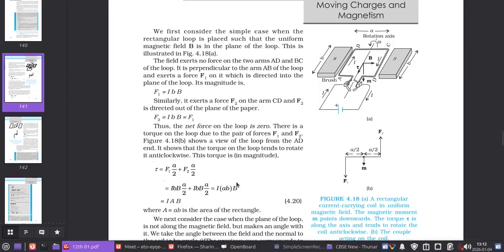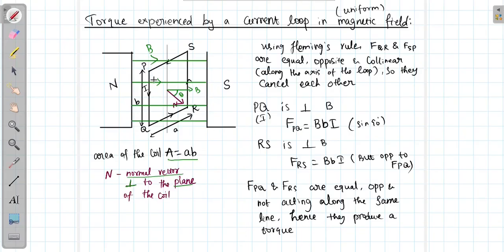Using Fleming's left-hand rule, we identify in what direction the force is represented. Actually, it must be in the outward direction. In the textbook they mention it is inward, but it is wrong. The force must be outward.